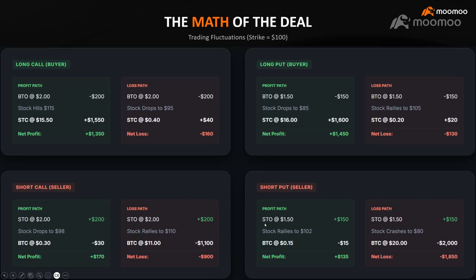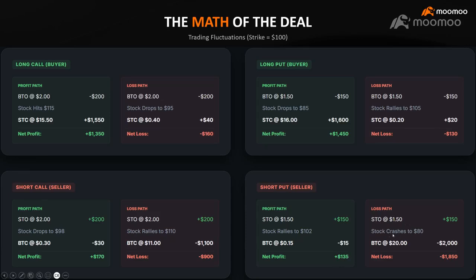In this example, we sell to open at $1.50, so we collected $150. Then the stock rallies, and because the stock price goes up, the premium of the put option goes down. So I buy to close the option at $50 only, and I make a profit of $100. What is the losing scenario?